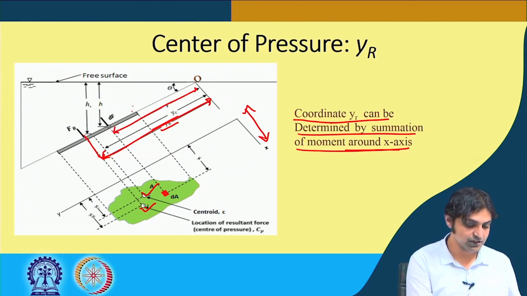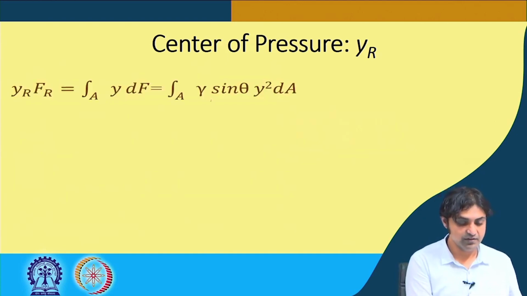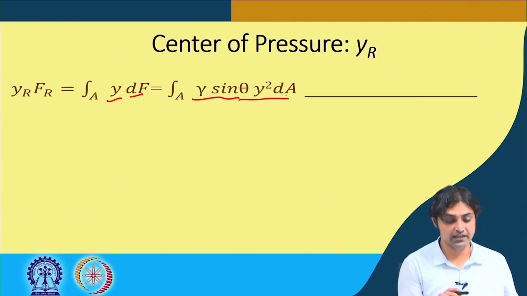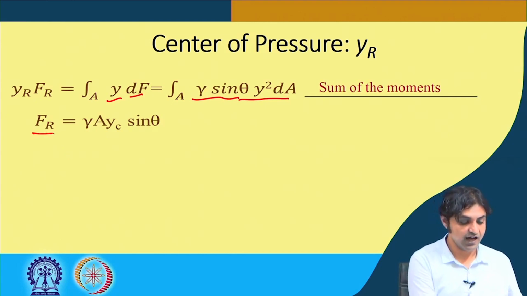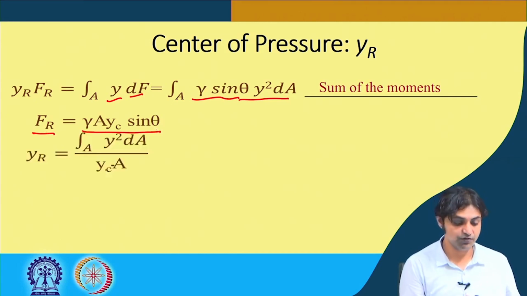So, all the summation beginning from here until here, all the small dF's that are there. So, dF can be written as gamma sin theta y dA, correct. This we have already seen in the previous slide. This is the sum of the moment, where FR was gamma A yc sin theta, that we have seen before.